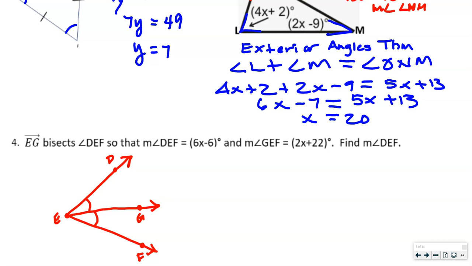I think I changed this on the review, didn't I? Did I not change it? Oh, I think this is supposed to be DEG, y'all. DEG and GEF, yeah. So this is supposed to be 6x minus 6, and this is supposed to be 2x. Let me see how I did it on my paper. Yeah, it's supposed to be DEG, y'all.